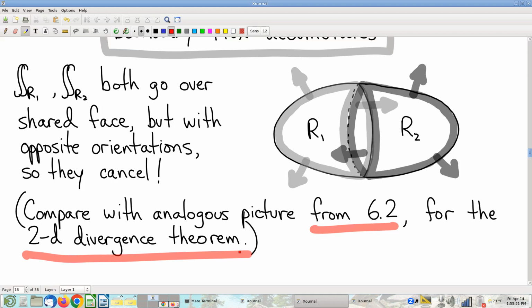After talking about the two-dimensional divergence theorem, I made the observation that two-dimensional boundary flux, namely through the boundary curve, could be thought of as an accumulating quantity, and I drew a picture that was kind of like this. It was a two-dimensional version of this picture. So I think it's a really healthy exercise to go back to those pages and compare and contrast in your mind, and notice how it's really an equivalent argument that we've made here.